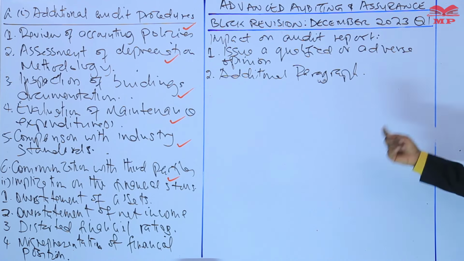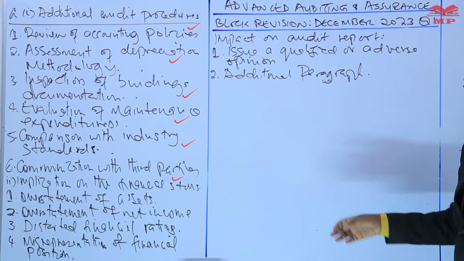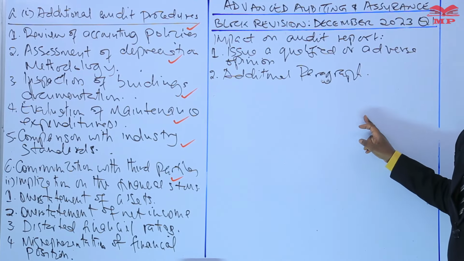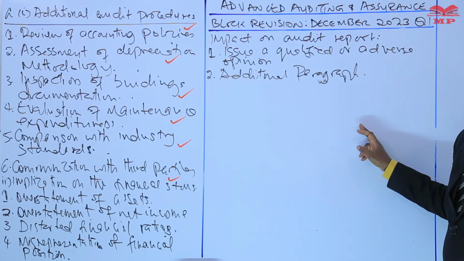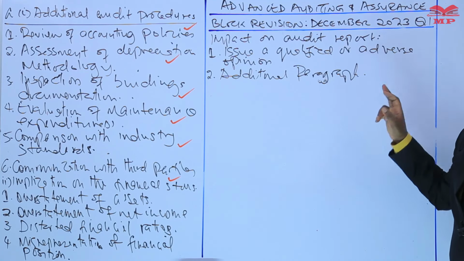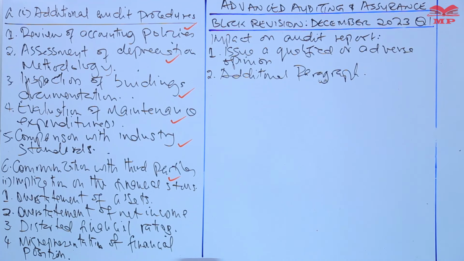So the auditor has a duty to inform the users of the financial statements of the failure by the management to depreciate buildings.